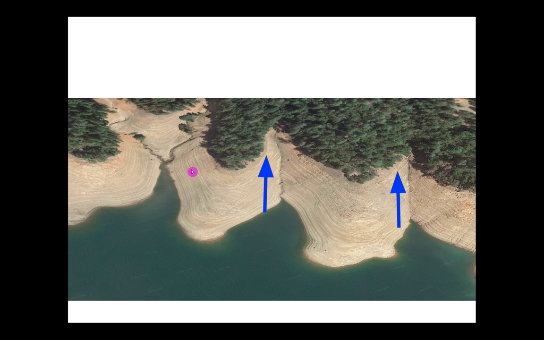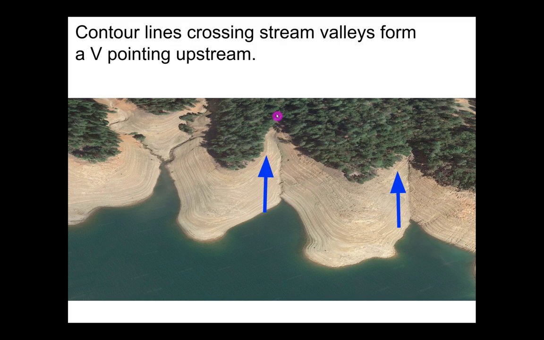It's where the lake elevation was for a while, and the wave action made these marks. I really am bummed that there's not more detail right here, because here the lines should be close together and here the lines should be far apart because it's flat. Here they should be far apart, but we can't really tell. But you can see that the contour lines make a V pointing upstream. Contour lines crossing stream valleys form a V pointing upstream.